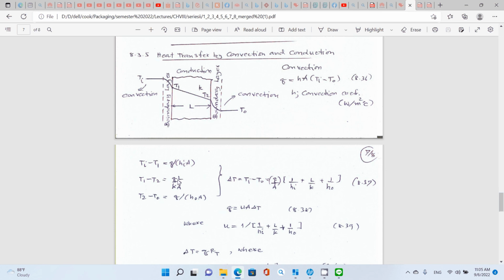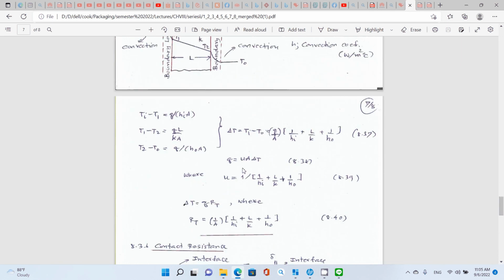The RT is L over KA. And for T2 minus T0, that's the heat transfer by convection, so we have Q over h0A. Then you add them up. Three equations. T1 cancels out, T2 cancels out. You have only Ti minus T0 left. And on the right, you have Q over A multiplied by 1 over hi, that's the convection coefficient, plus L over K plus 1 over h0.